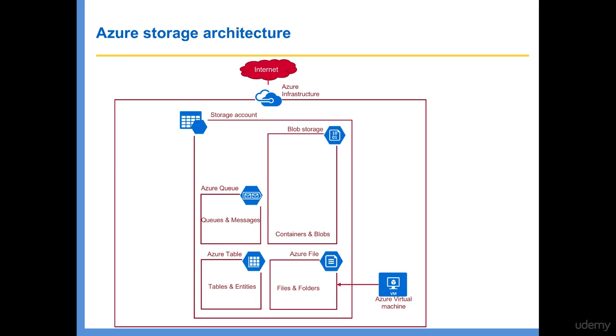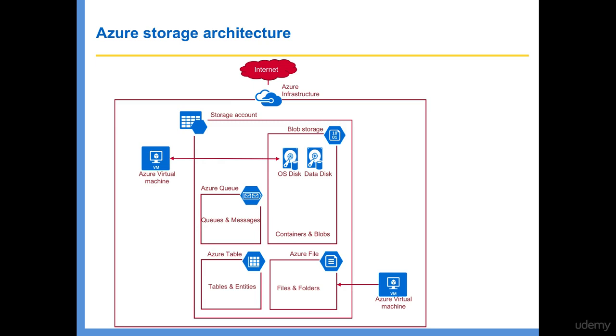Among all these four storage services, the most important storage service is Blob storage. Blob storage is not only used for storing data files, media files, etc. It is also used by different Azure storage services. For example, if you have created a virtual machine, the OS disk and data disk associated with that virtual machine will in turn get stored in a blob storage as page blobs.